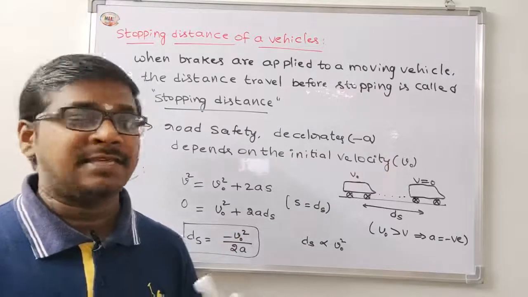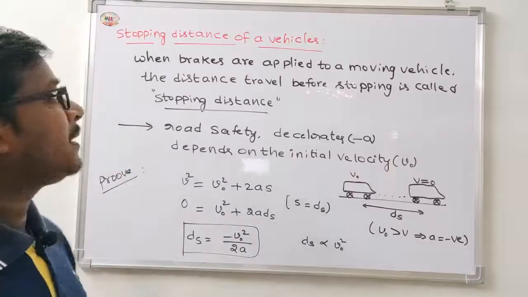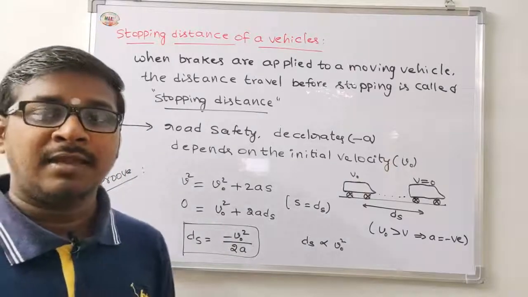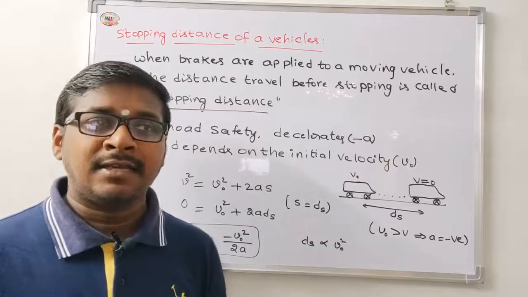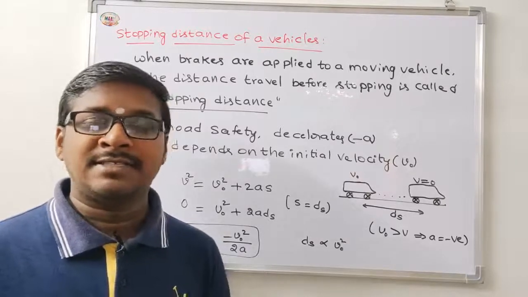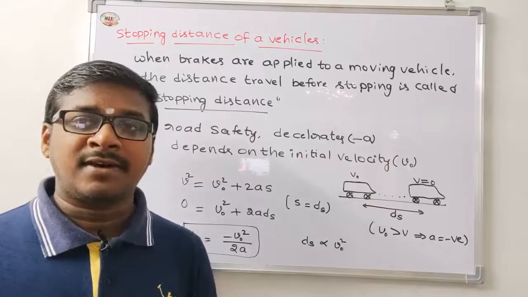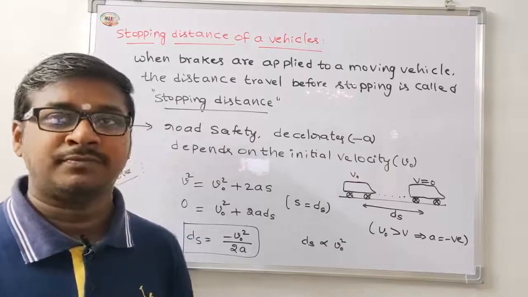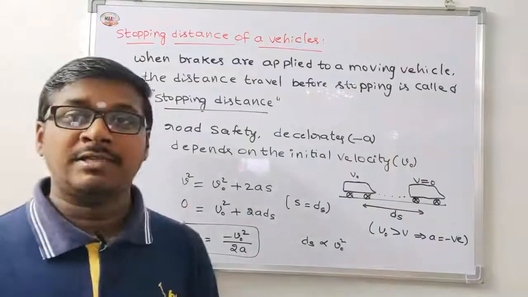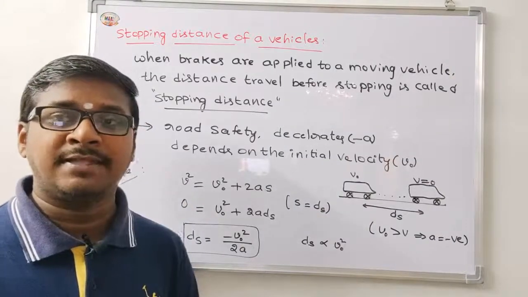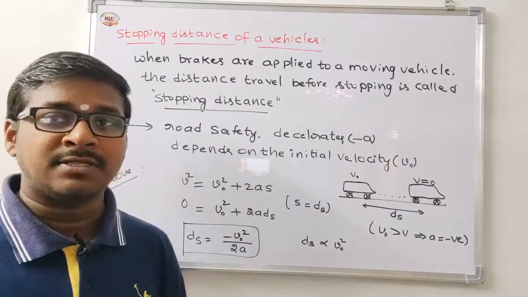This is also a main factor in setting speed limits, for example in a school zone. This is the stopping distance of a vehicle, very important for JEE Mains and NEET level students.